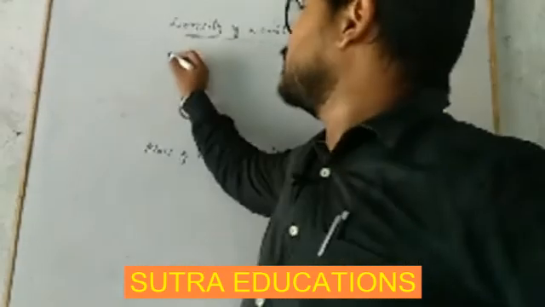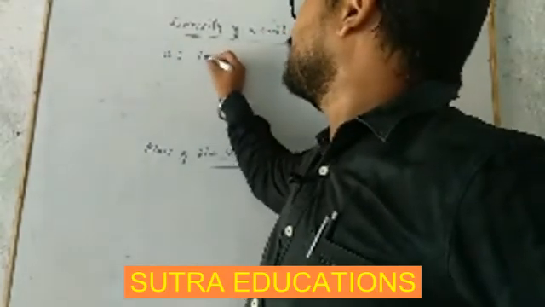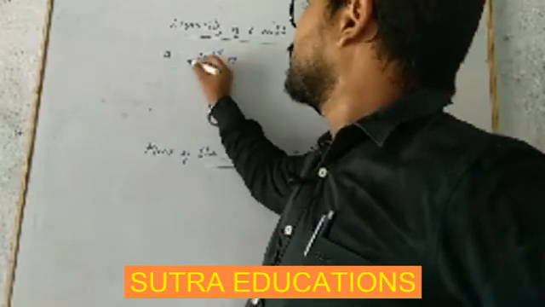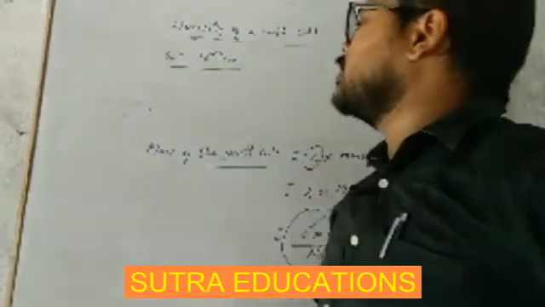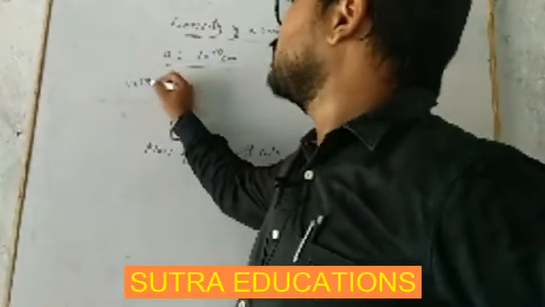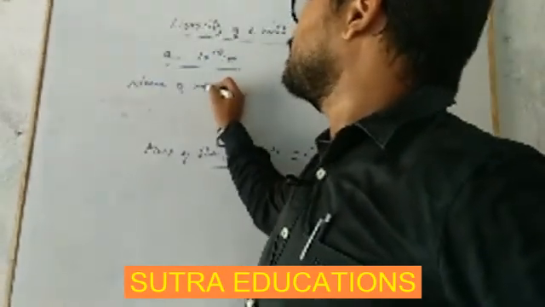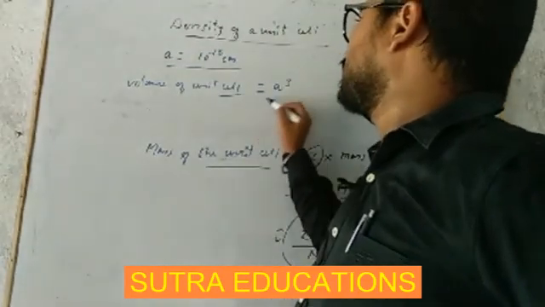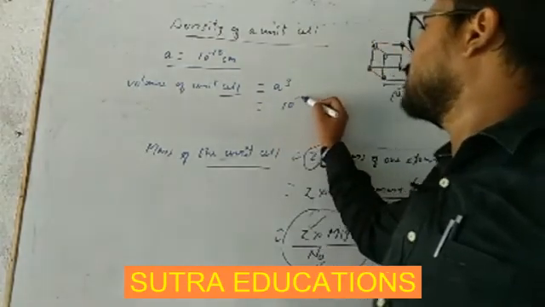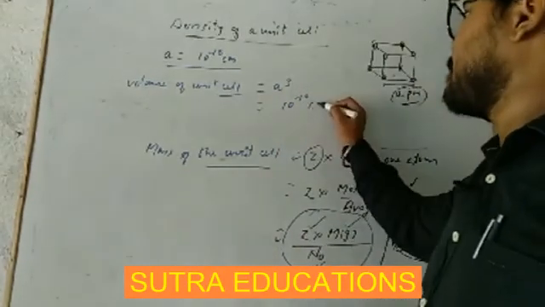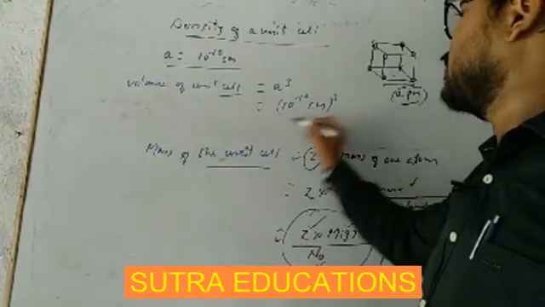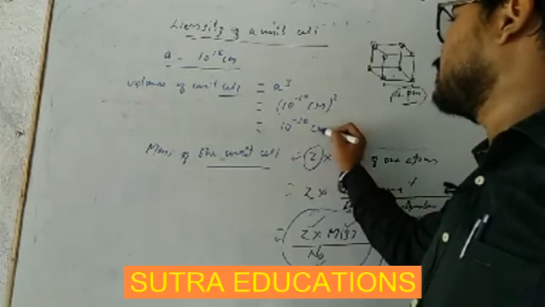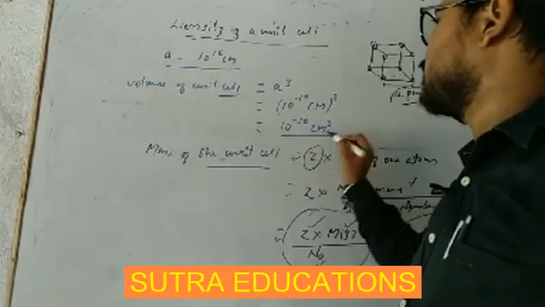So volume of unit cell will be equal to a cube, means 10 to the power minus 10 cm whole cube, means 10 to the power minus 30 centimeter cube.